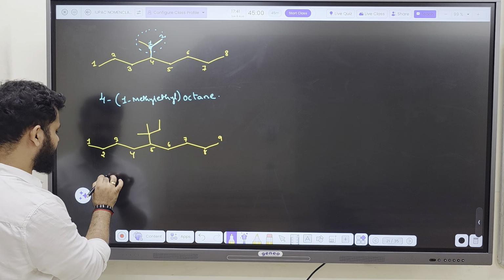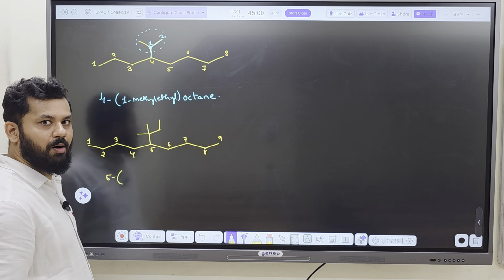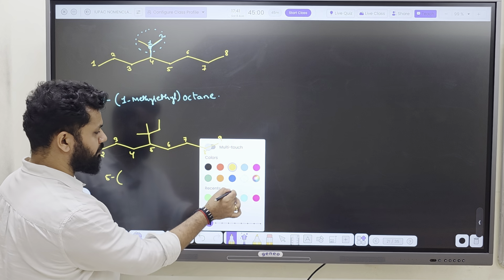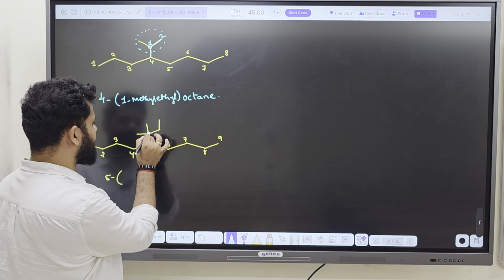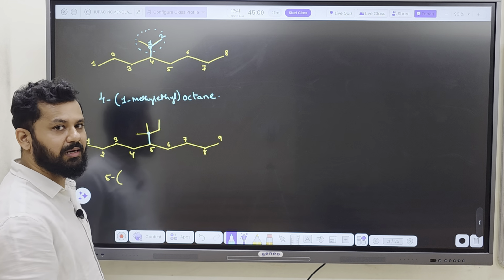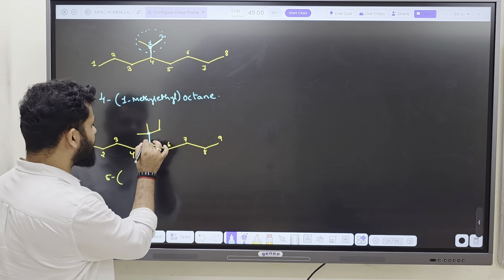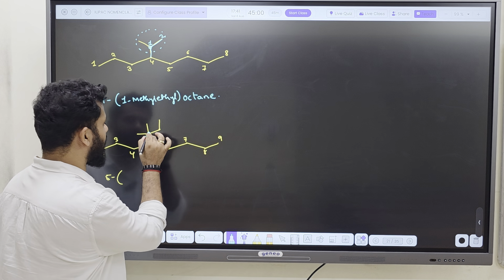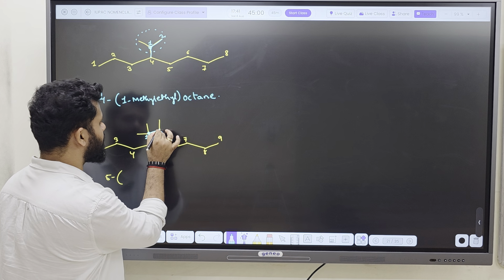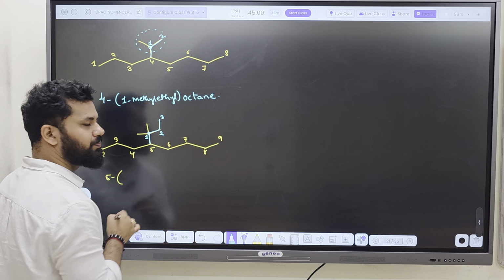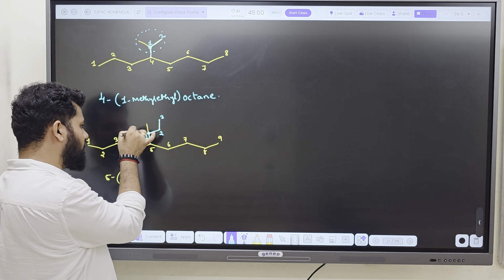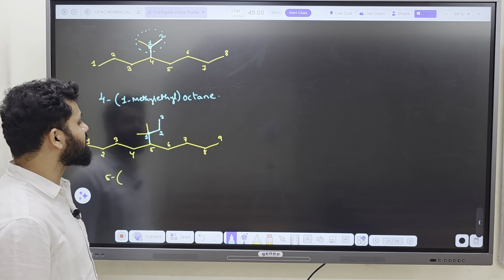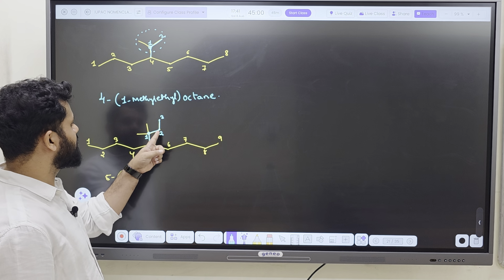Now look, at the fifth position you have a complex substituent. First, mark the carbon which is connected with the chain, and from here you traverse. You see the longest carbon chain that you get. So 1 2 3. If we had to go straight, 1 2, over here 1 2. So you select the longest carbon chain, 1 2 3.